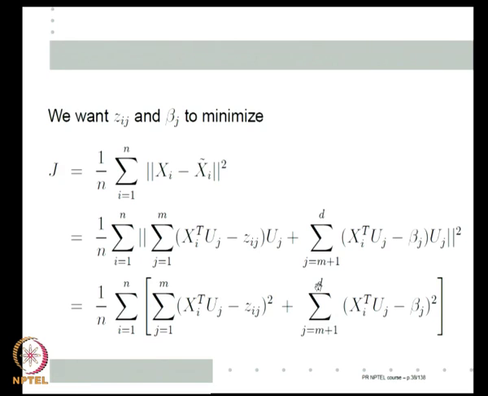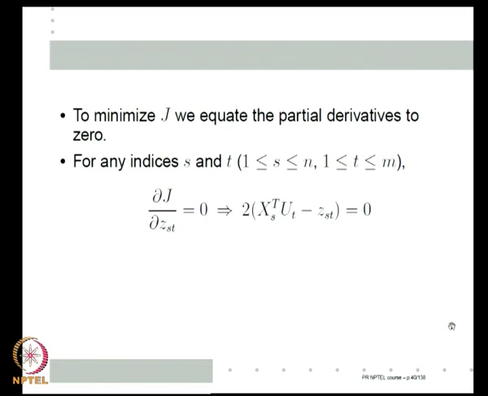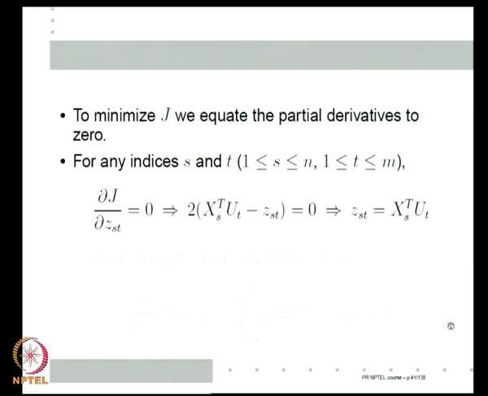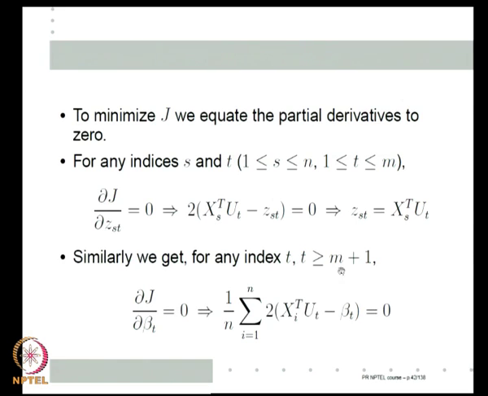So, only this will come, that will be 2 times xi transpose ut minus beta t. Okay. So, for any t greater than m plus 1, only for t greater than m plus 1 we have beta t's. So, del J by del beta t equal to 0 implies 1 by n summation i is equal to 1 to n, 2 times xi transpose ut minus beta t is equal to 0.